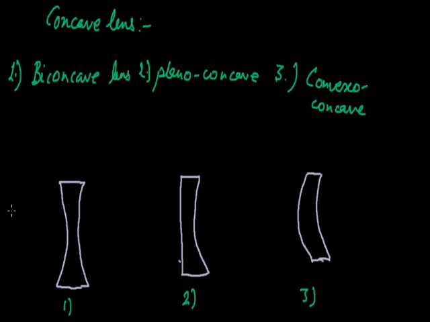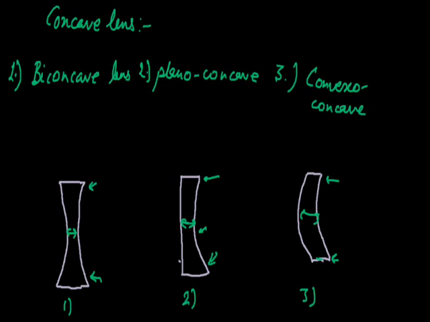Now if we see the three lenses, biconcave, plano-concave and convexo-concave, we can observe that in the biconcave and plano-concave lenses the middle part is thinner than the edge part, while at the edges it is thicker. As for the third, that is convexo-concave, we have the middle part thicker than the edges. So this is what we say the types of concave lens.